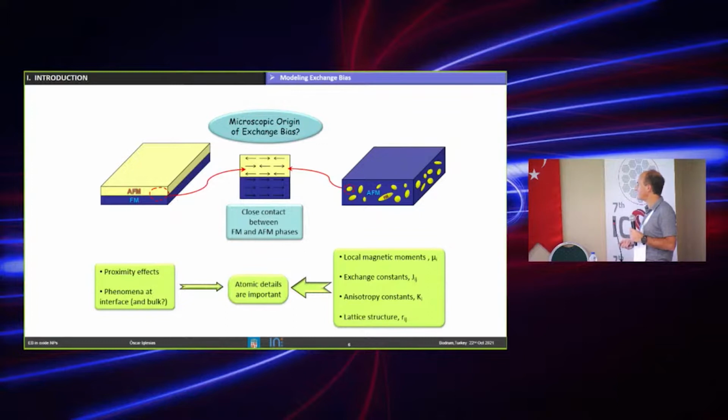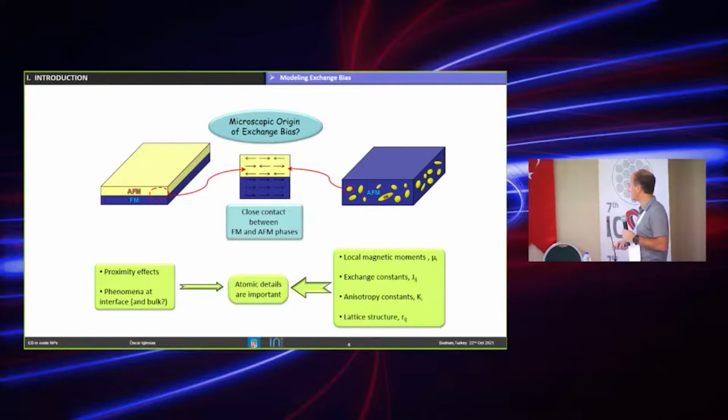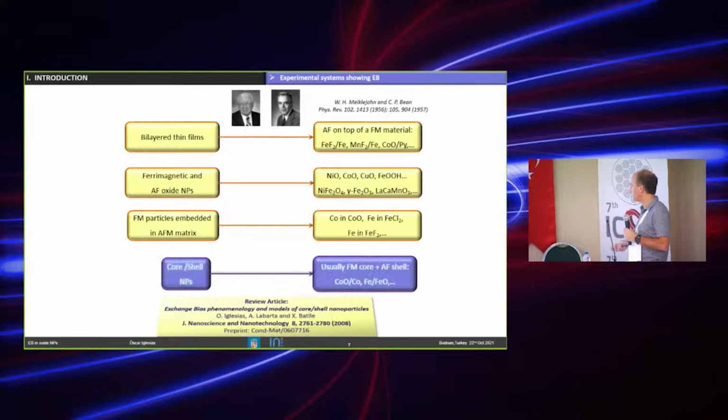And this means that whatever the origin is, proximity effects and the phenomena happening at the interface, and probably also in the bulk, come into play and are important. And this means that the atomic details are important. So if we want to give an explanation of it, we will have to resort to atomistic models, right? Taking into account all the parameters coming into play.